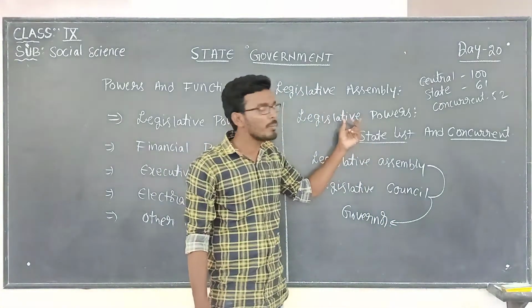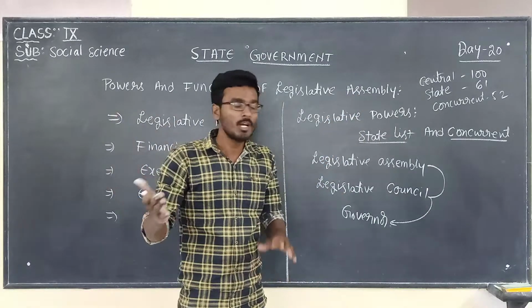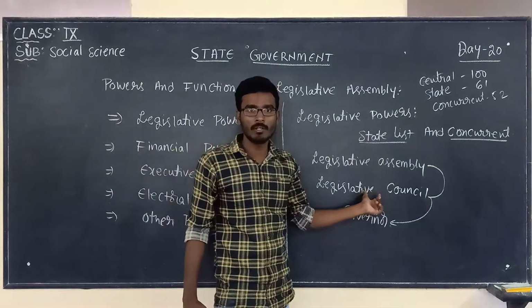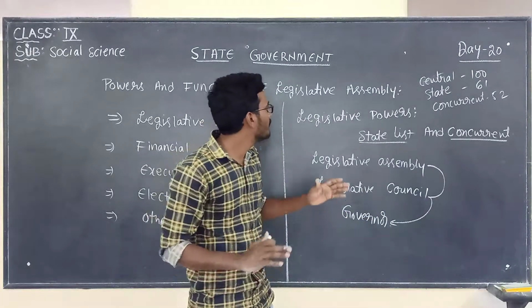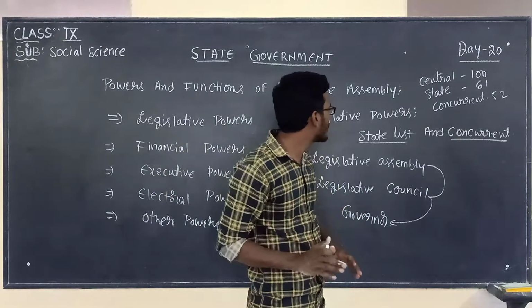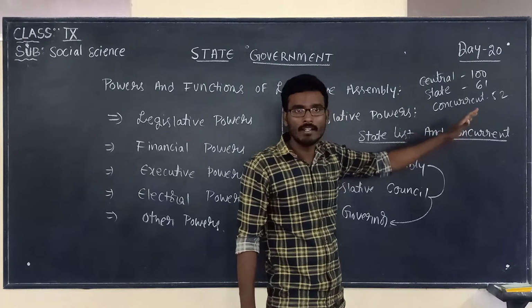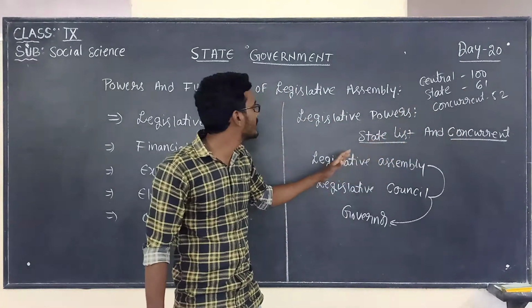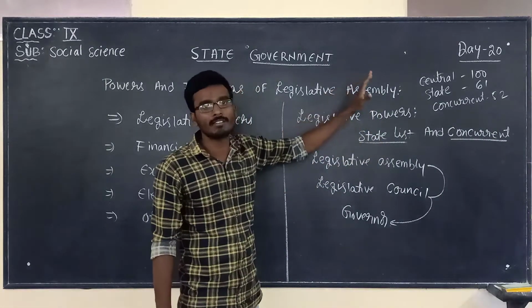In the legislative powers, the legislative assembly has more powers compared with the legislative council. Majorly it will make laws on state list subjects as well as the concurrent list. This is known as the legislative powers of a legislative assembly.